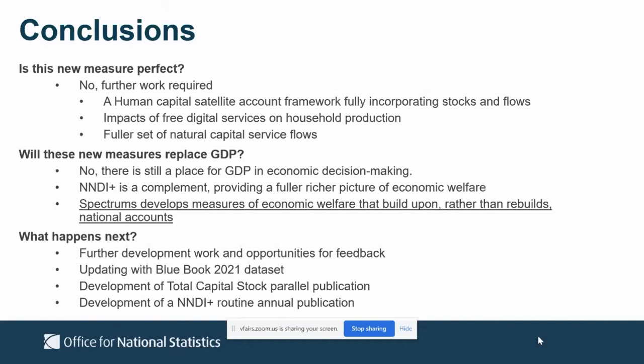And we would like to continue to develop to get to a point where we can do routine annual publication of these types of metrics. I said NNDI plus there, that's probably a little bit ambitious for at least a 5 or 10 year window, but NNDI minus and GDI plus should both be metrics that we stand a fighting chance of having a go at. And that very much is my talk. So, looking forward to questions.